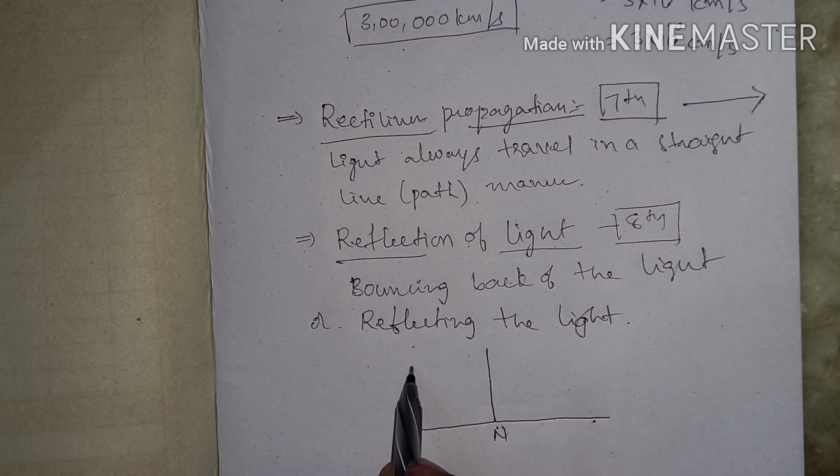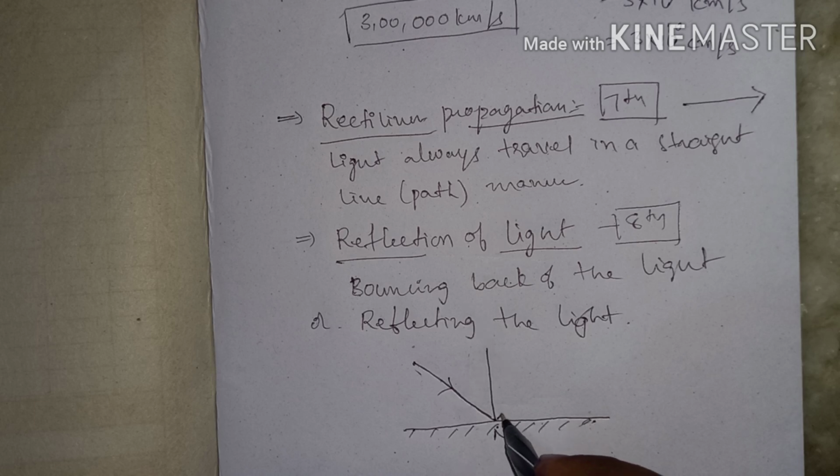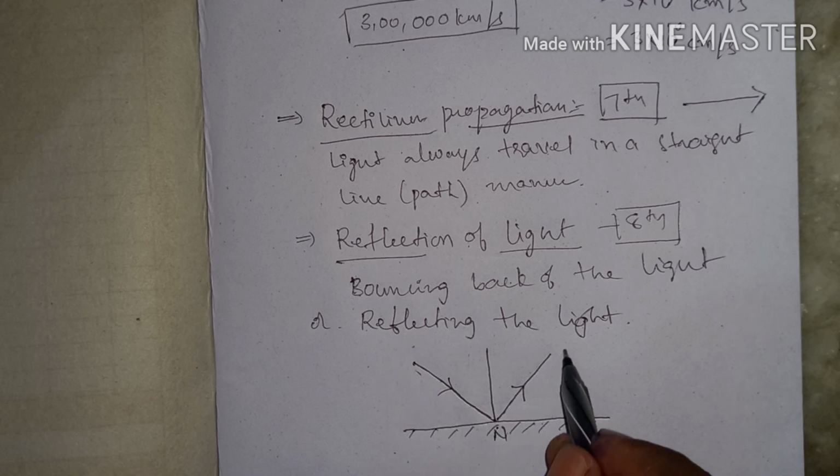Now you project a light at a surface. This is called the incident ray. Then, due to the reflecting surface, it reflects back. So this is reflection of light, and here reflection takes place in the same medium.